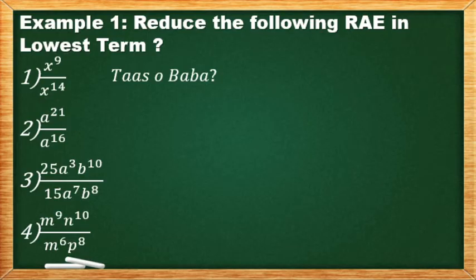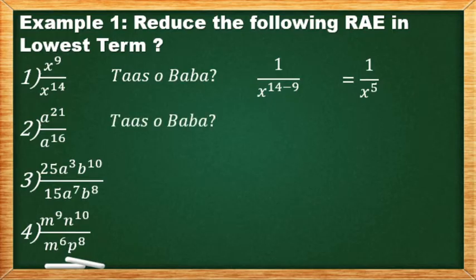So, subtract the exponents. Nasa baba ang x. Walang natira sa numerator, that's why we put 1. Then subtract the exponent: 14 minus 9 is equal to 5. So, meron tayong 1 over x raised to 5.